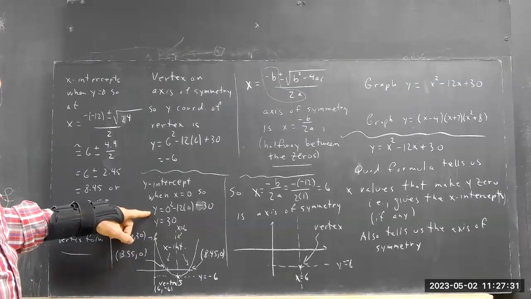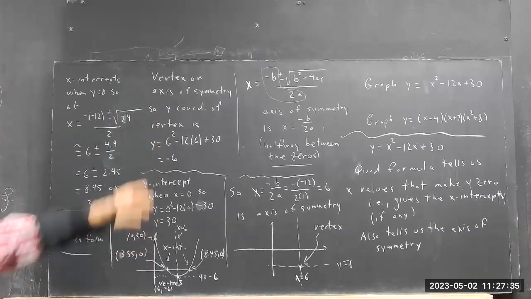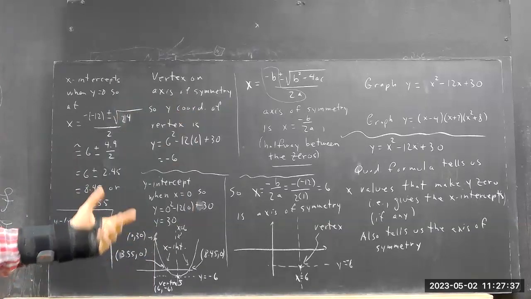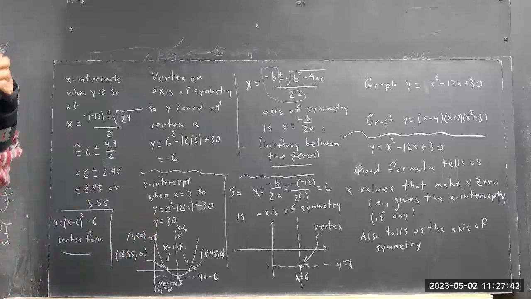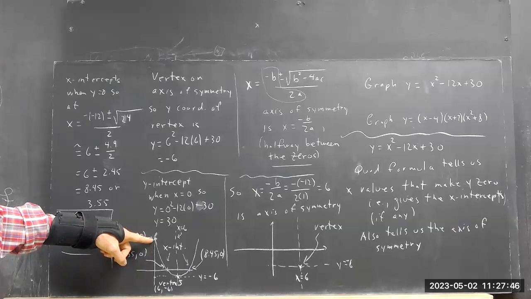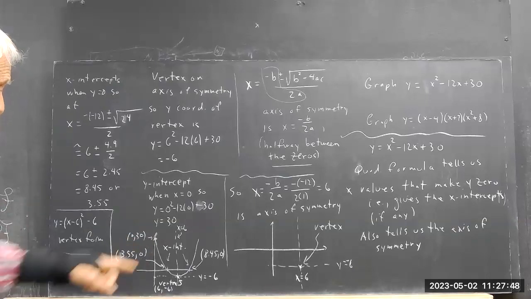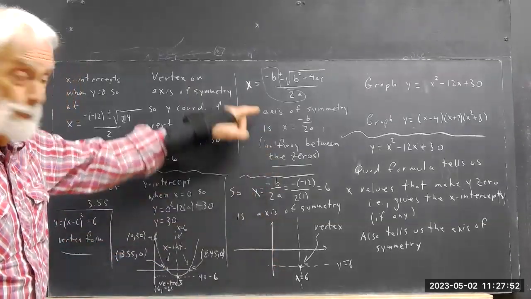Well, if you let x equal 0, you're going to get y equals 30. That's very, very good. Everything with an x in it, in this case, is nothing, it's 0. So you got y equals 30, so your y-intercept is 0, 30. There it is. Now we've got 0, 30. And I didn't do it over here because 30 would have been way up in here.